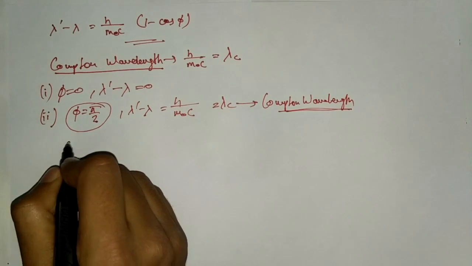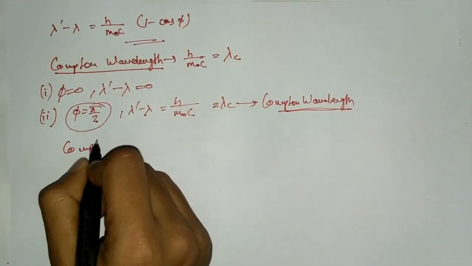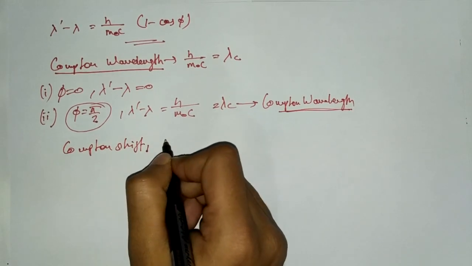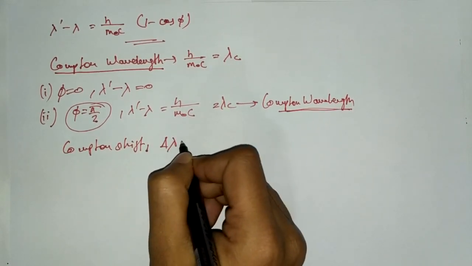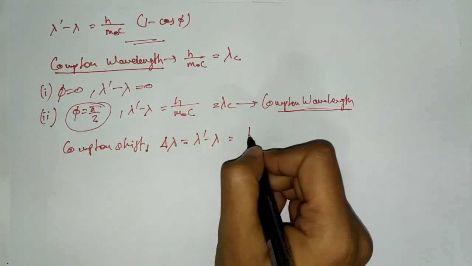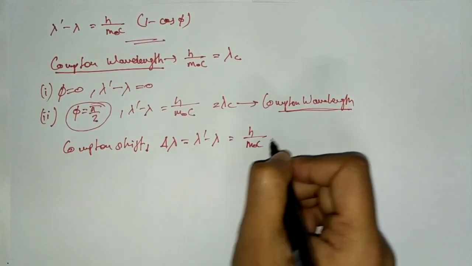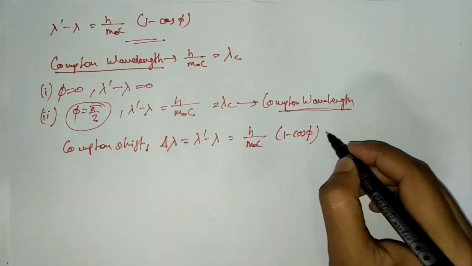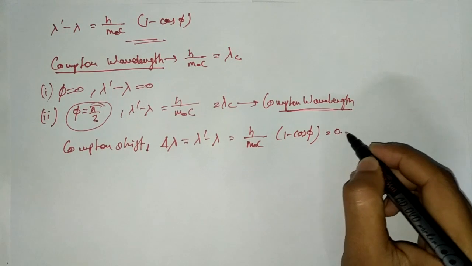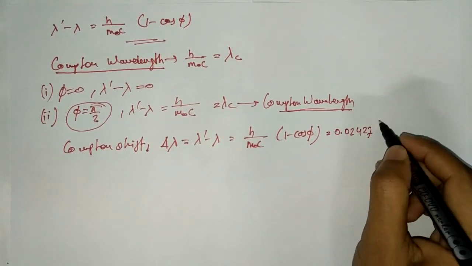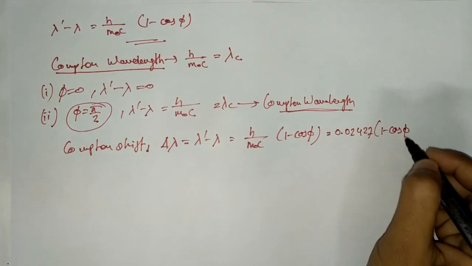So Compton shift can be measured in this case. Compton shift, let it be denoted by del lambda, that is equal to lambda dash minus lambda, that is equal to h by m naught c into 1 minus cos of phi. So we can write the values of it as 0.02427 into 1 minus cos of phi.